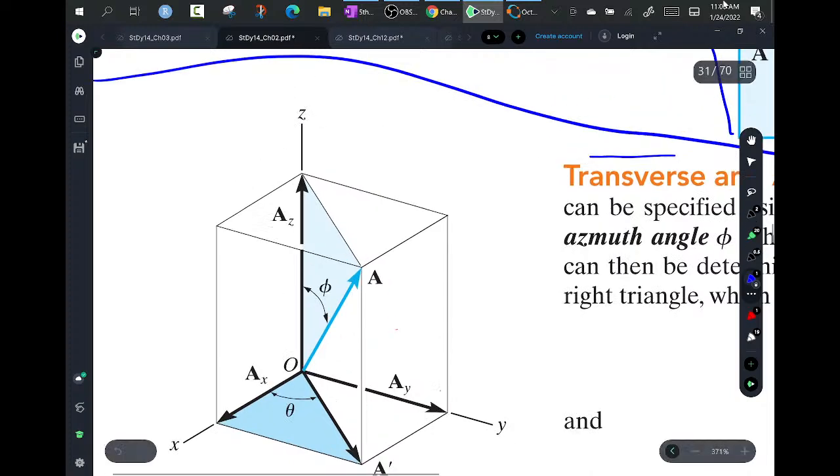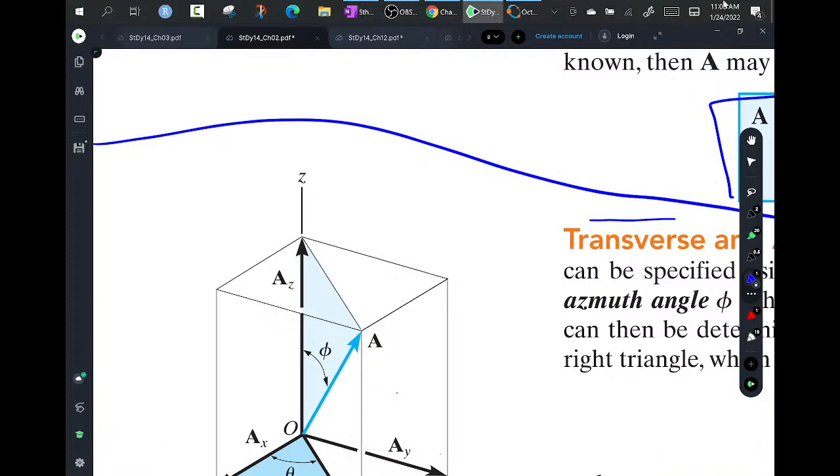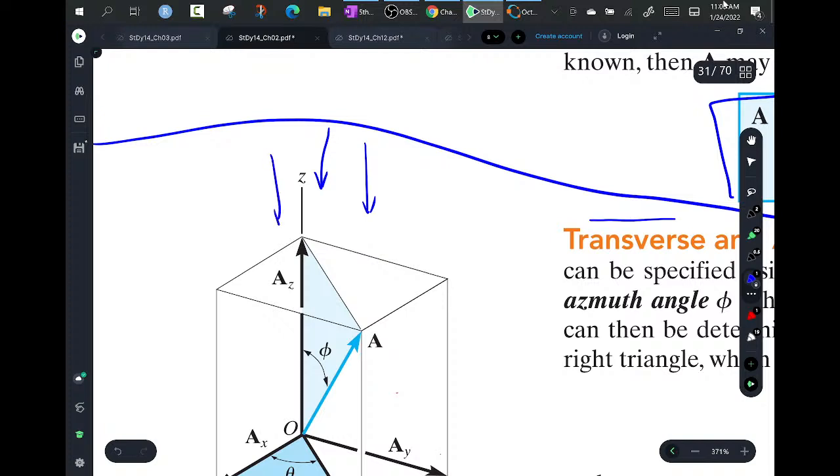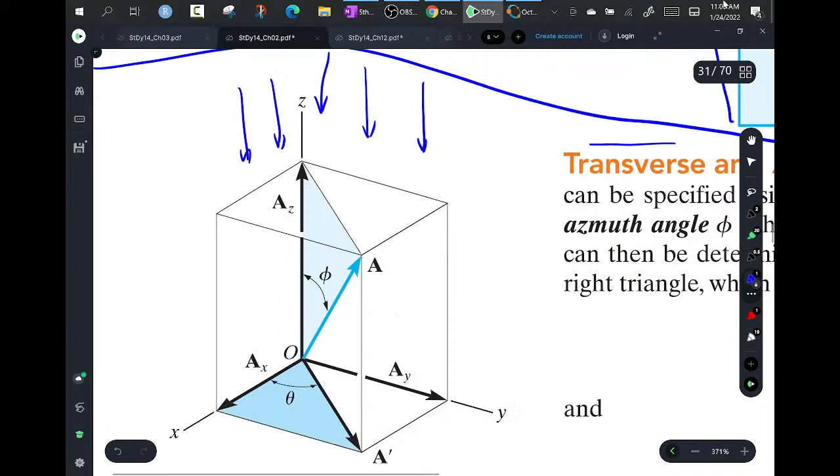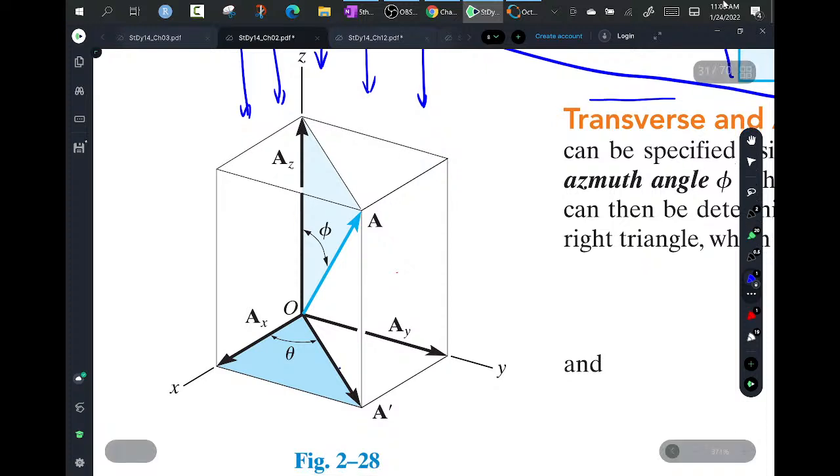Imagine, if you will, it's high noon and the sun is directly overhead, and the rays of light are coming down, and this is your vector. So this is what you would see as kind of a shadow. So this vector is a shadow of the vector that you actually have.